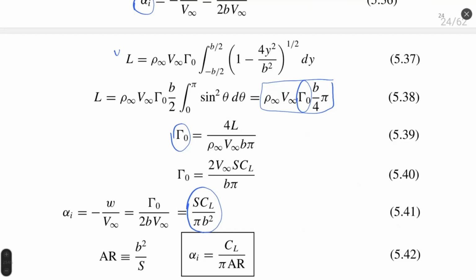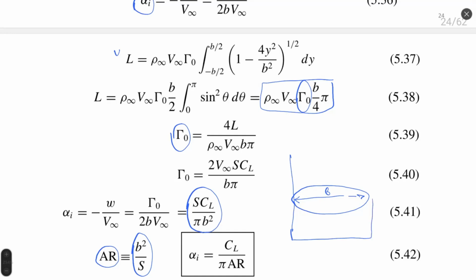We remember that the ratio b squared divided by S was already defined in the theory of aerodynamics as aspect ratio. Right, aspect ratio is the ratio between, okay, this is the wing we have, or something close to an elliptical wing with size b, and here we have a square of size b by b.